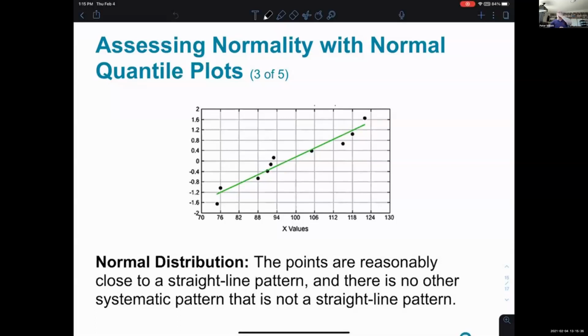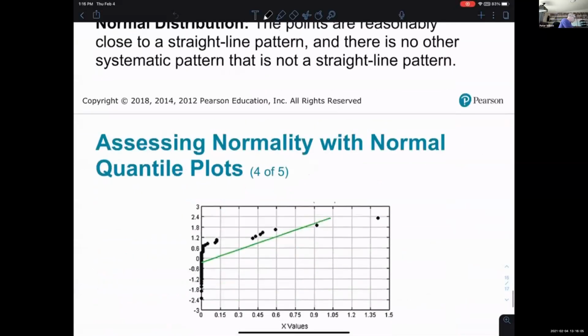Great. Okay, so having said that, here they're showing us an example. It says these points are reasonably close to a straight line pattern and there's no other systematic pattern that is not a straight line. So they realize that this is a judgment they're describing, that you have to develop an ability to assess the normality based on the graph. And so they're trying to give you some examples and say, this is, we think, an example of what is reasonably normal.